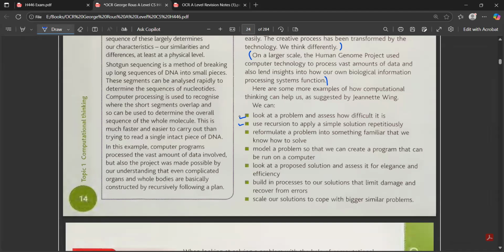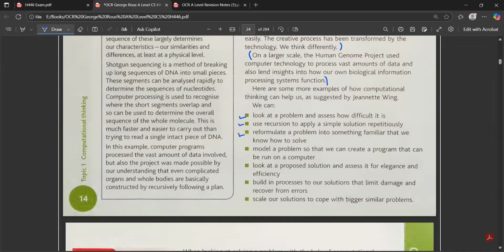If you are doing anything repeatedly, that is the concept of recursion. It is the practice of returning something or determining the succession of elements. So you can use this to apply a simple solution repeatedly.